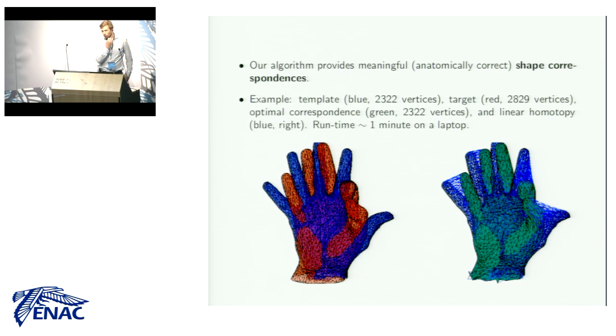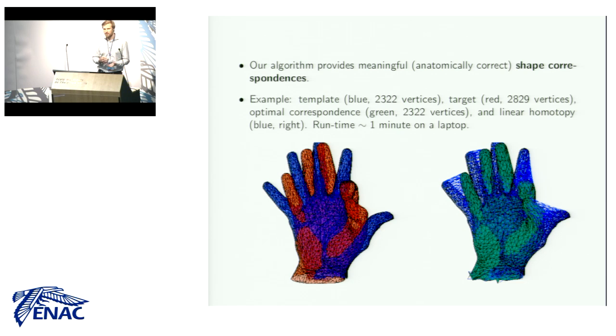Here is one slightly more elaborate example where we try to match different hand postures. This example runs in around 1 minute on a standard laptop with a GPU, despite the fact that there are sufficiently many vertices in there, and so the algorithm scales quite well. And also thanks to this elastic deformation energy, one gets very nice shape correspondences.